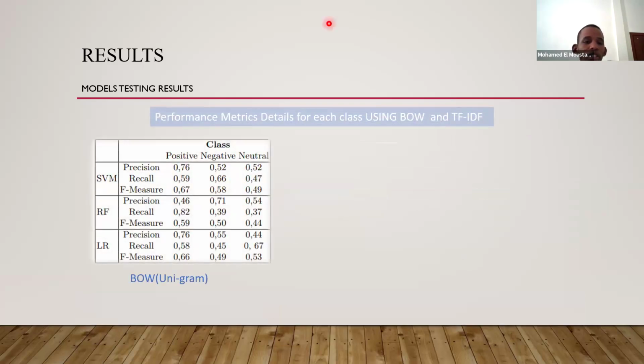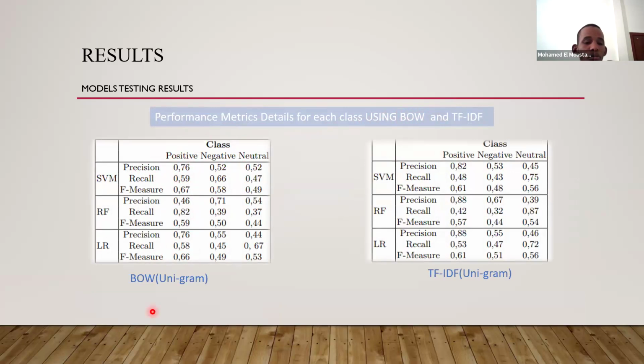Then we look at more details in each class when we use the word and TF-IDF methods. We found that the positive class is better classified when we use bag-of-words with unigram. The positive class is better, while the neutral class is less so and gets poorer results. The same thing holds for TF-IDF with unigram.